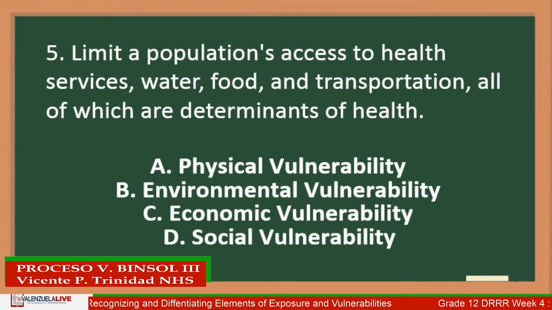And number 5. Limit a population's access to health services, water, food, and transportation, all of which are determinants of health. What do you think the answer is? A. Physical vulnerability. B. Environmental vulnerability.